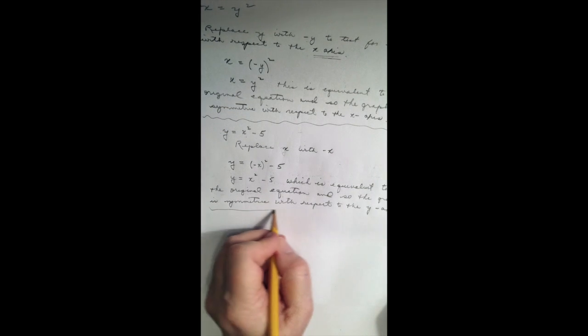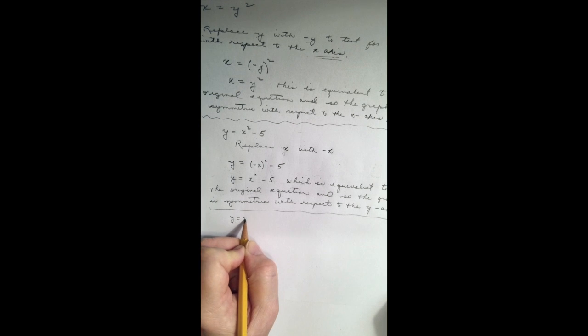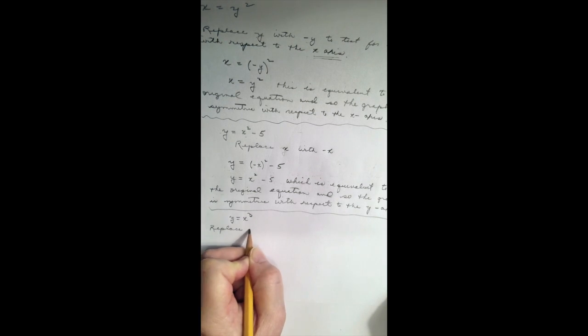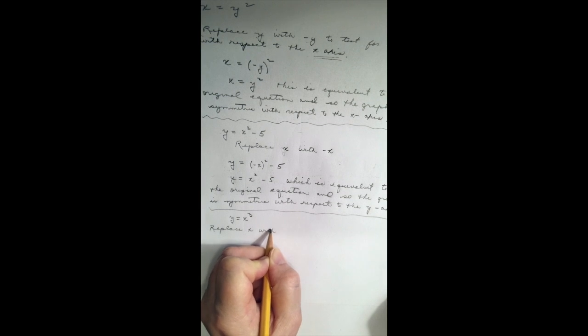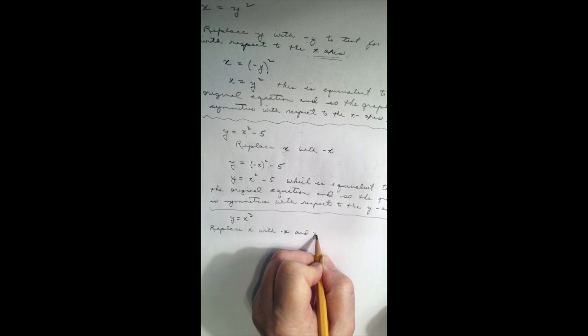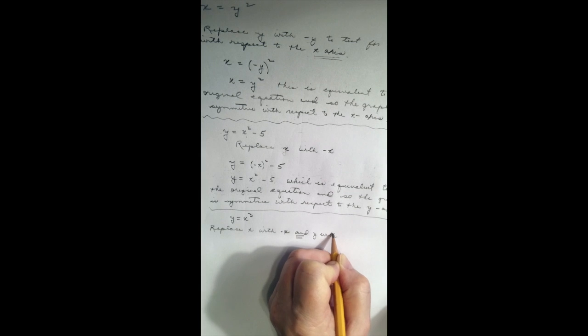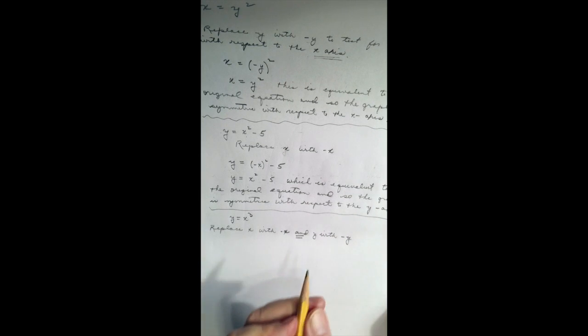Okay, so now let's look at the third equation we had, y equals x cubed. And to algebraically test to see that it's symmetric with respect to the origin, we want to replace x with negative x and y with negative y.